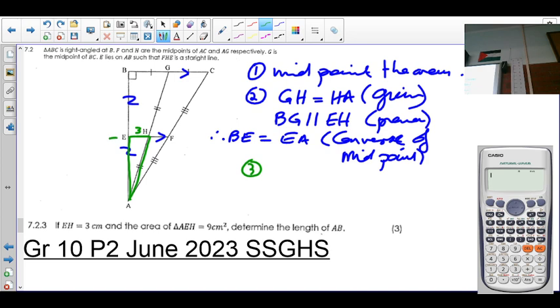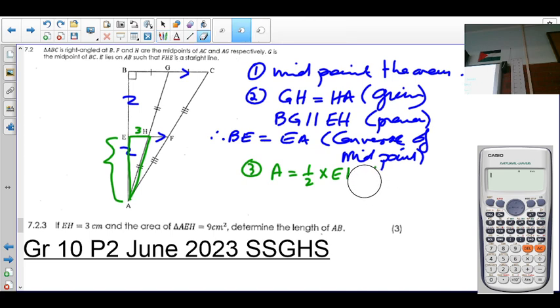So firstly I can calculate the length of AE and double it and I'll get AB. The area of triangle AEH is going to be half base, which is EH, times perpendicular height, which is EA. But before I go there, what am I showing? I'm showing 90 degrees here.